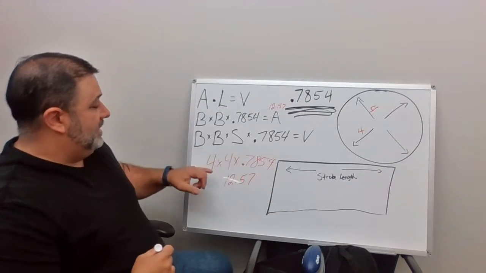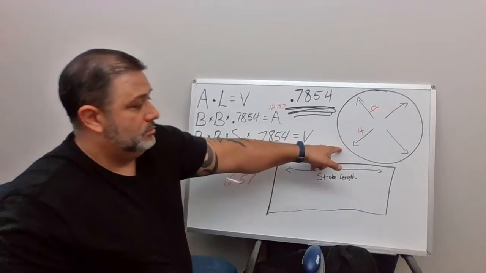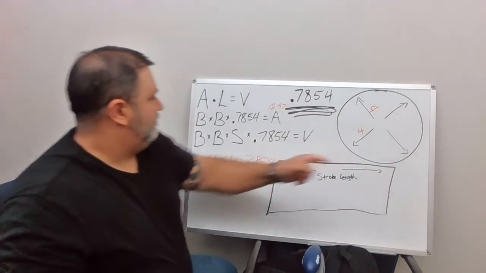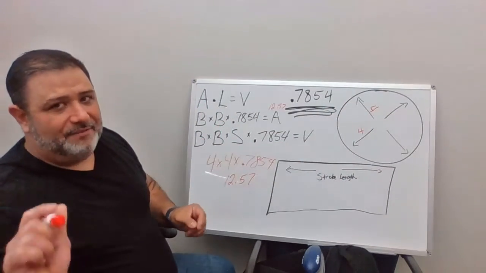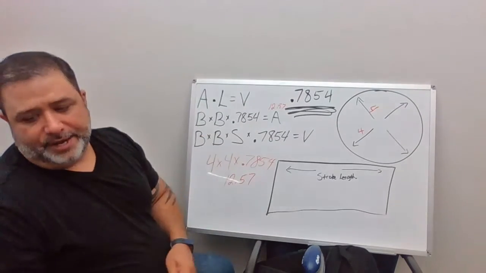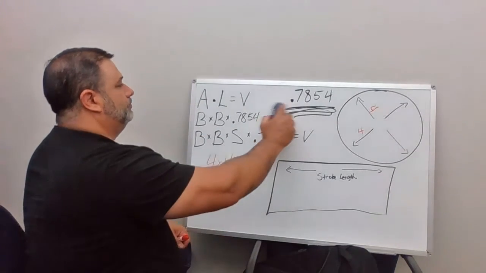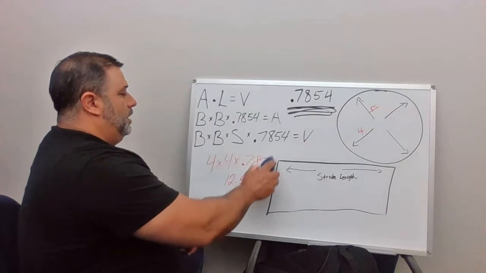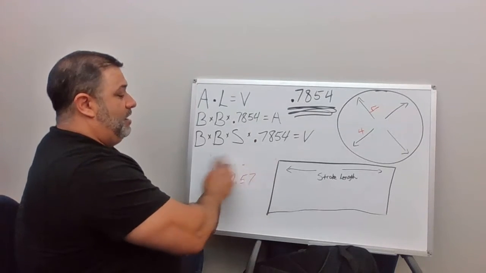Okay. So it is bore times bore times 0.7854, the number to remember, equals our area. So now we know our area. What else do we have to have to figure out a cylinder?